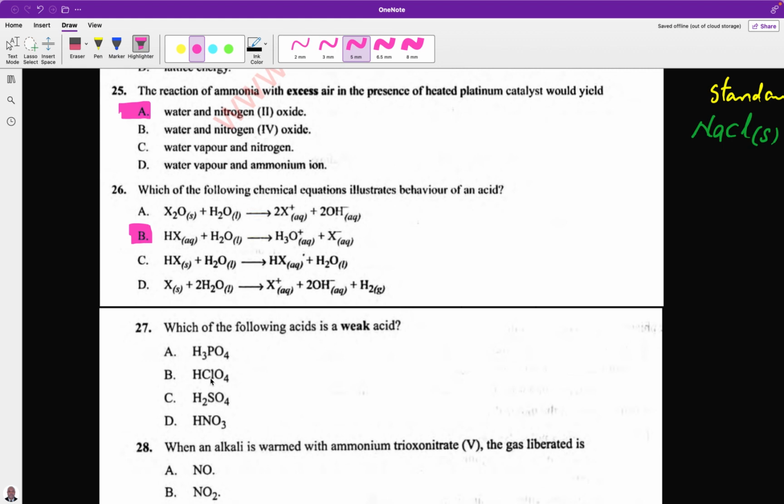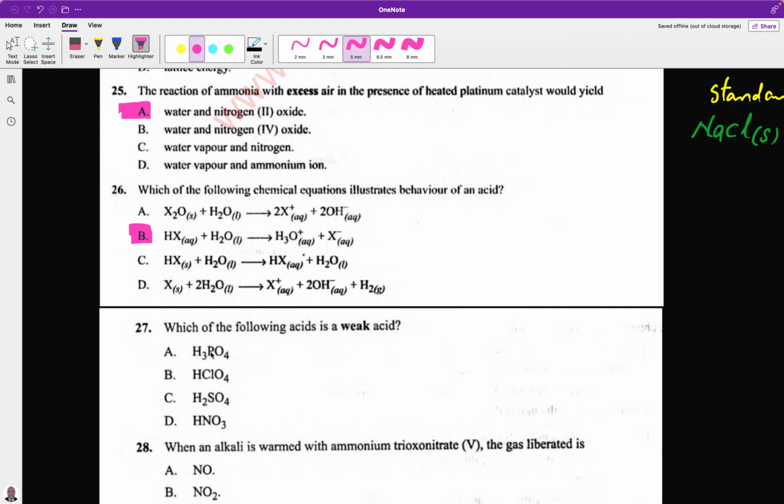Phosphorus in H3PO4 is the least electronegative, because nitrogen is very strongly electronegative, chlorine is very strongly electronegative, and sulfur is also strong.